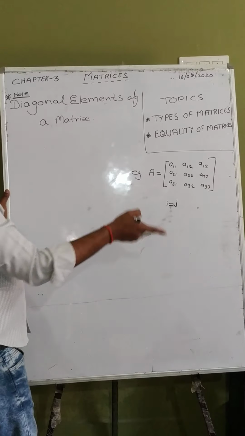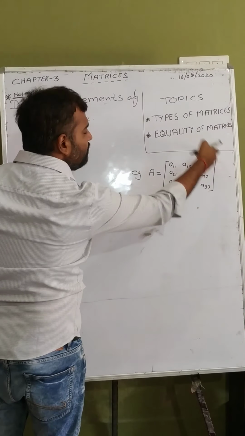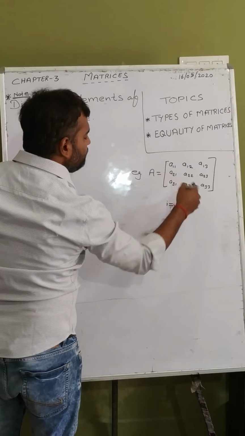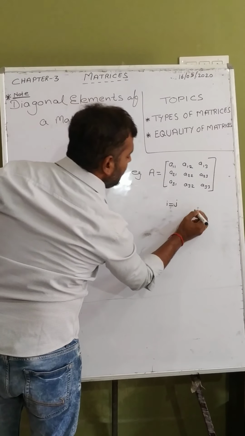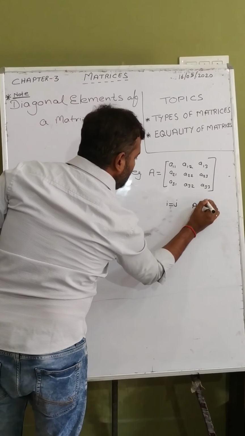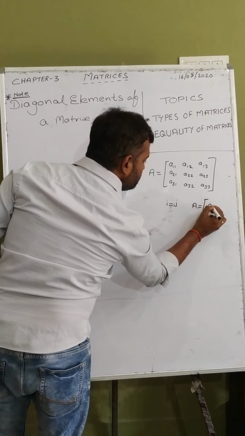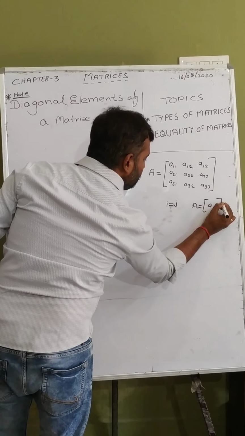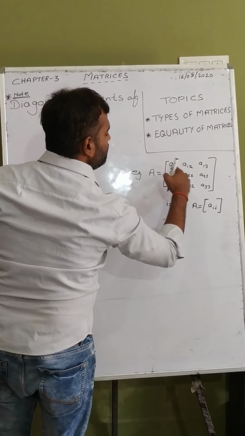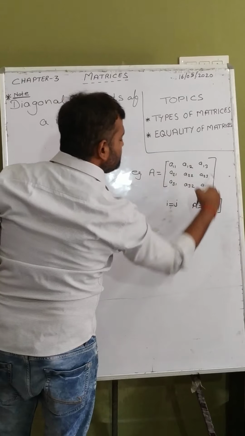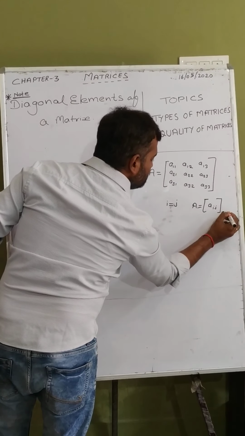In the last class we discussed that this whole matrix in a general form can be represented as A equals aij, and what is the order? 3 rows and 3 columns, so it is 3 by 3.